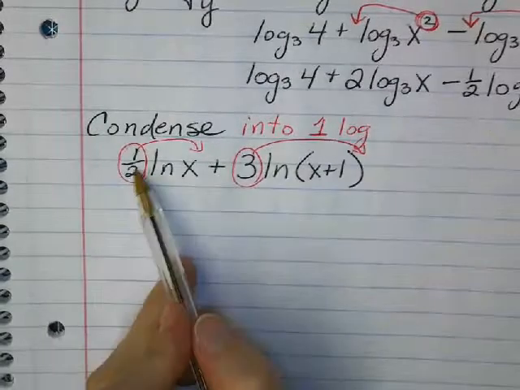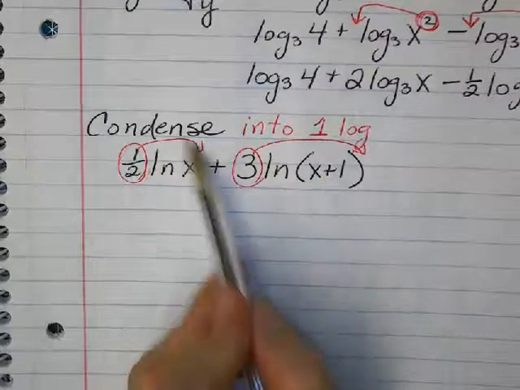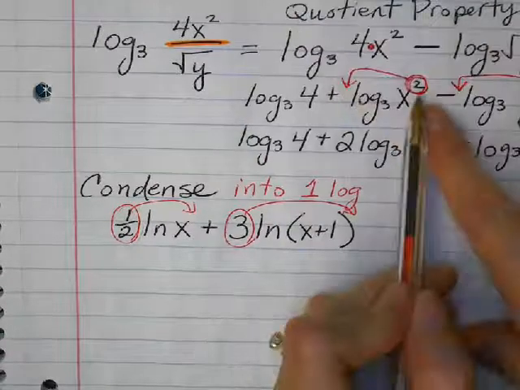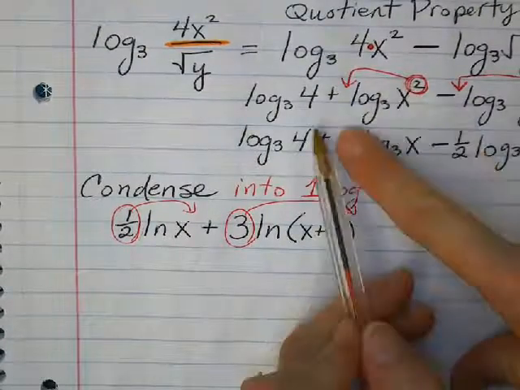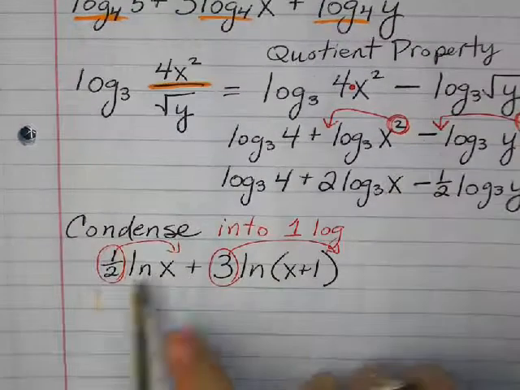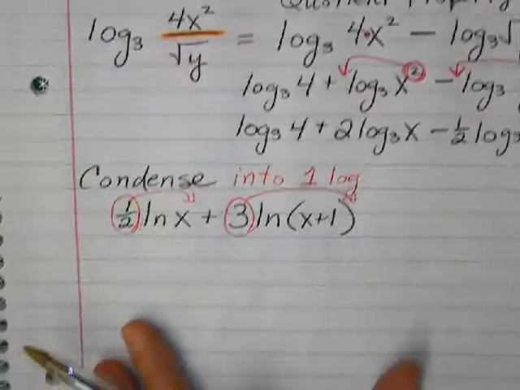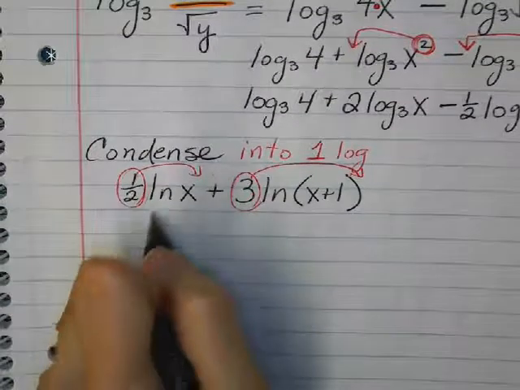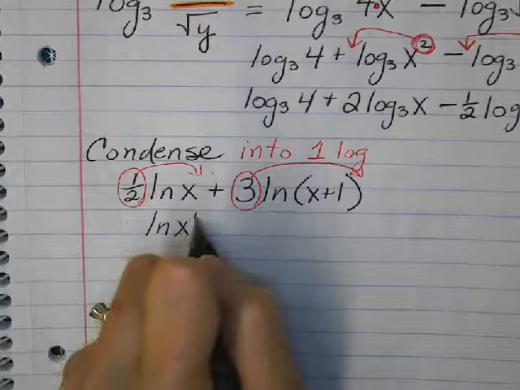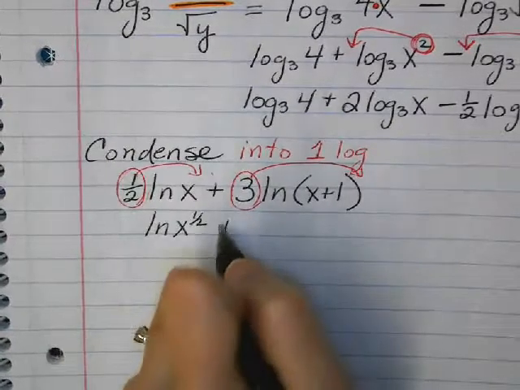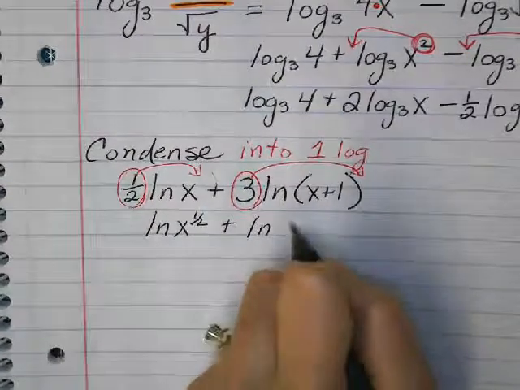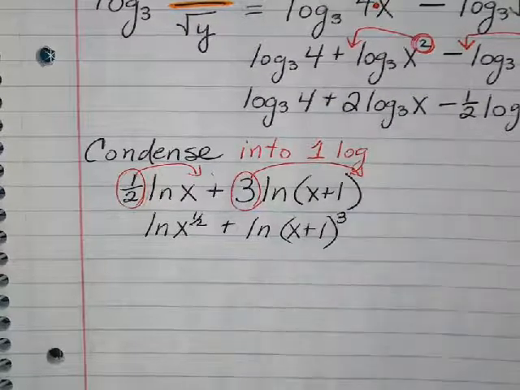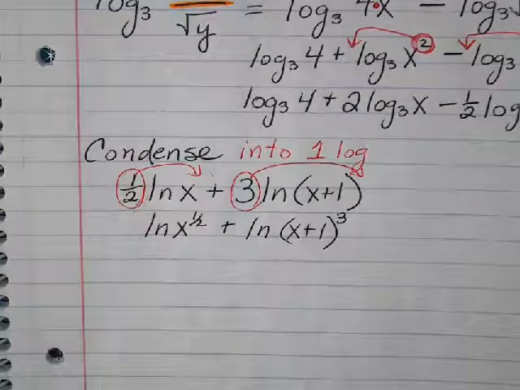So I try to do those first. You might notice that when I expanded it, I did that power thing last. So if you go the other way, you have to do those first. You have to bring the powers back over. So it's going to be natural log of x to the 1/2 power plus natural log of (x plus 1), in parentheses, to the 3rd power. See, that's going to come back over.